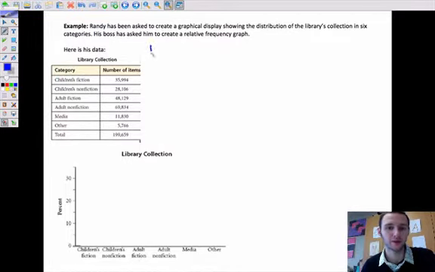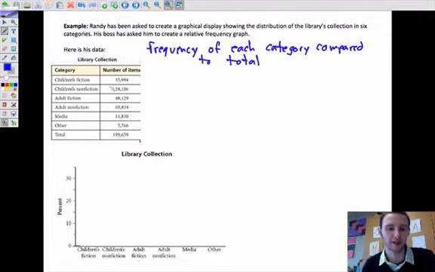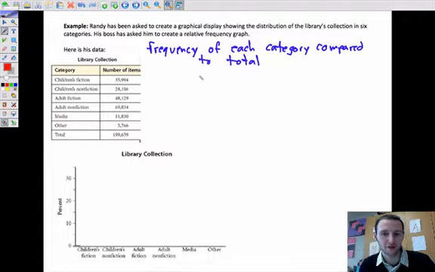So the frequency of each category compared to the total. In this case, we're looking at how many books of each type are there compared to the total number of books. The way we can do this is just write each one of these as a percent by first writing it as a decimal.